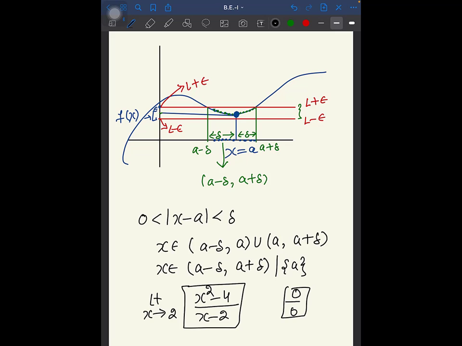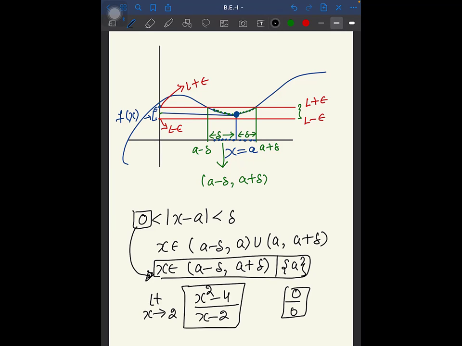So 2 is not in the domain, but you can always find the limiting value, right? So 2 may not be part of the domain, and that's how the limit problem comes into the picture, because 2 is not in the domain of the function. So that's why we are talking about the limit. That's why this 0 is over here. This 0 ensures that the point a may not belong to the domain.